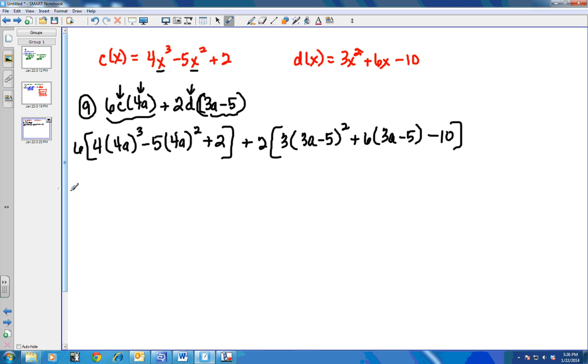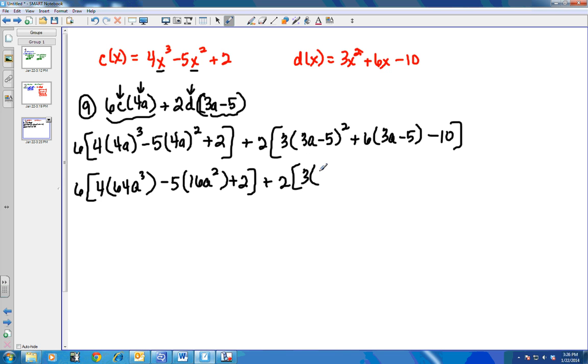Now we're going to simplify. I have 6 times 4 times 4a cubed. That means 4 times 4 times 4, which is 64a cubed. Minus 5 times 4a squared, so that means 4 times 4, 16a squared, plus 2, plus 2 times 3.